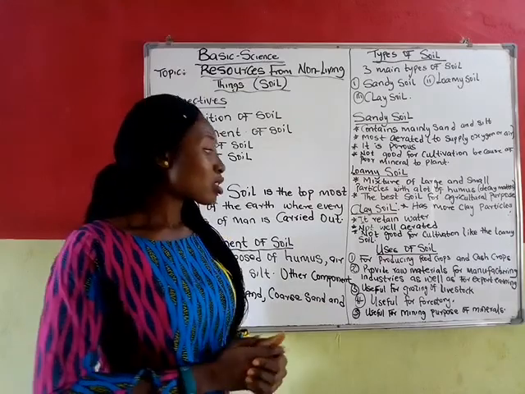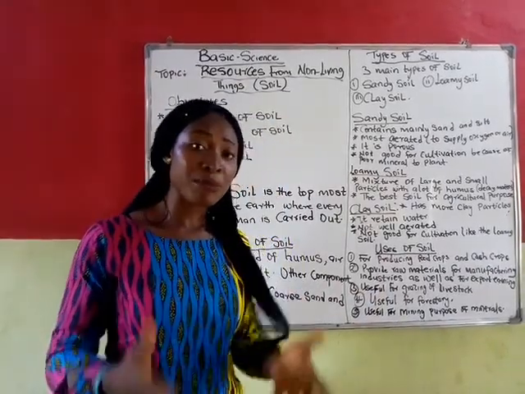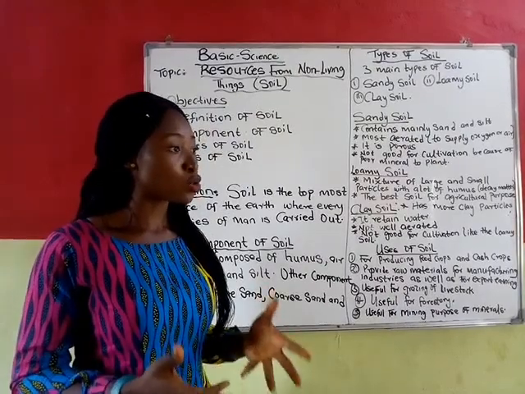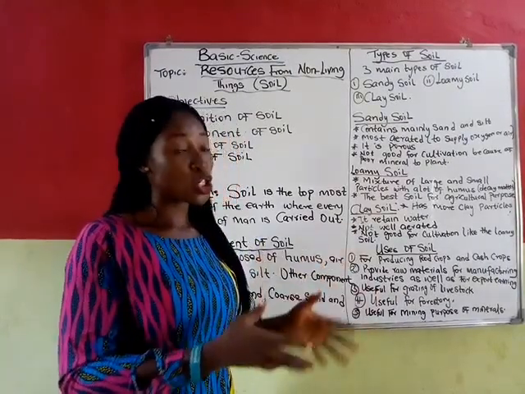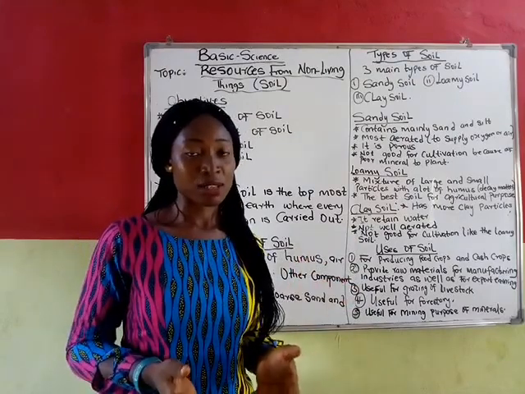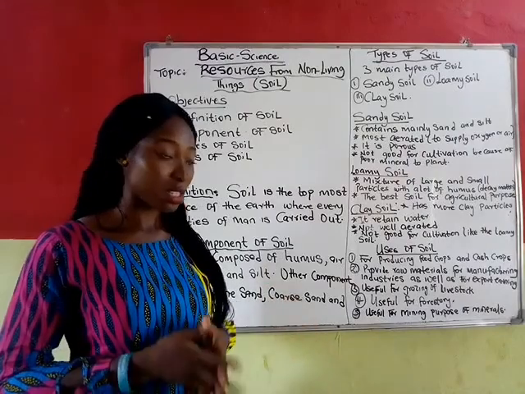Forestry also aids in the production of timber that is used for construction companies, or even timber and furniture making factories. So you see that the soil is useful because upon the soil you plant all these things.